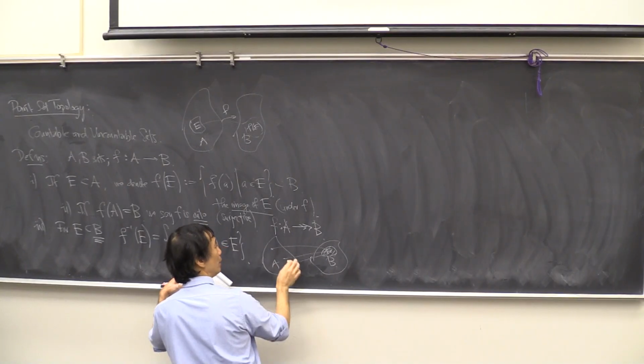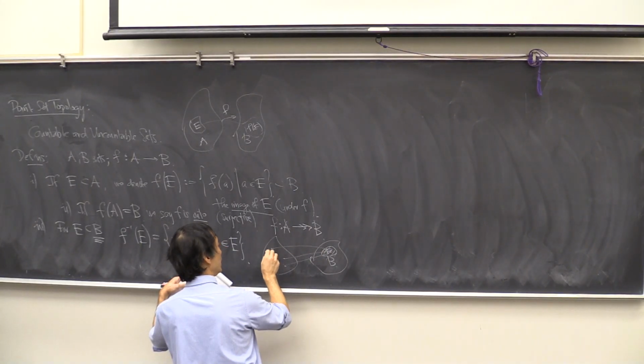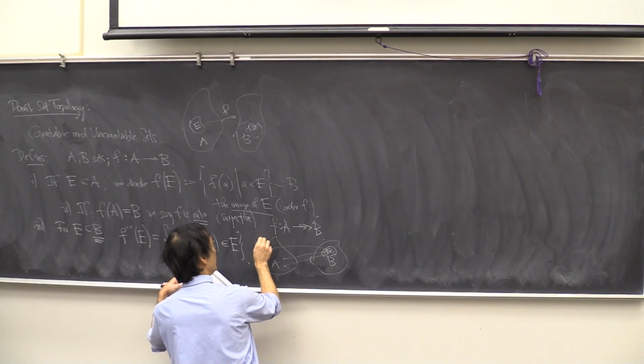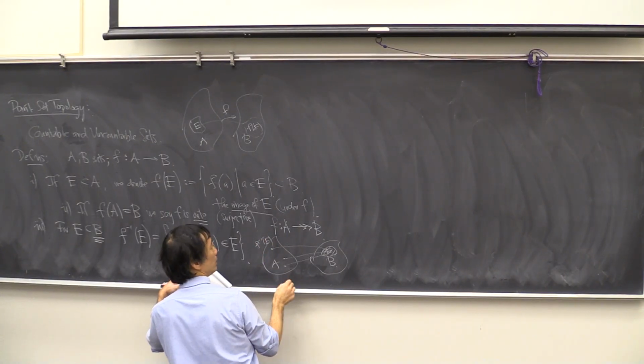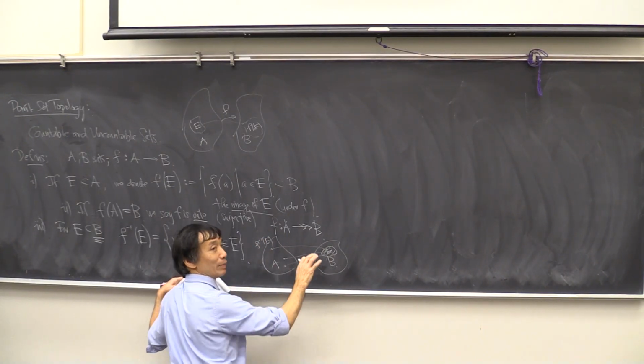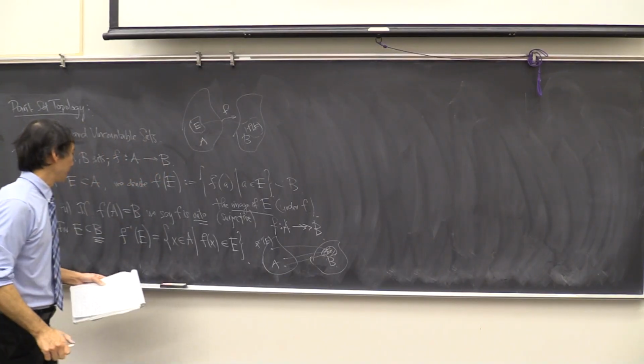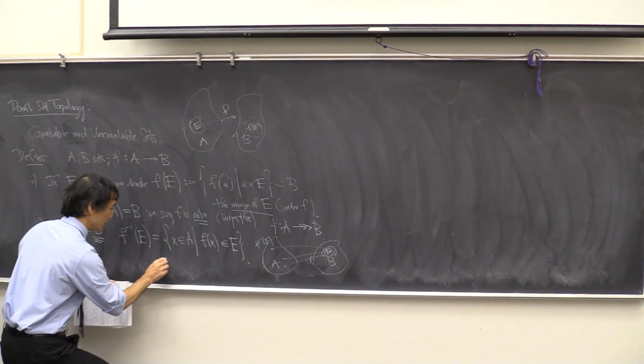The collection of all the points that get mapped into E, those are called f inverse of E. This is called the inverse image.